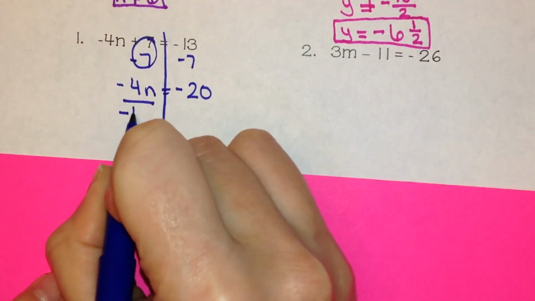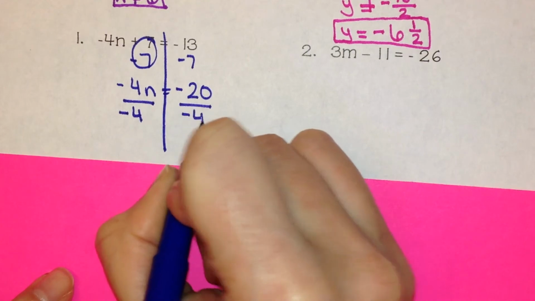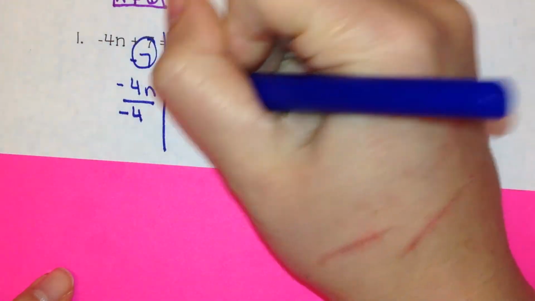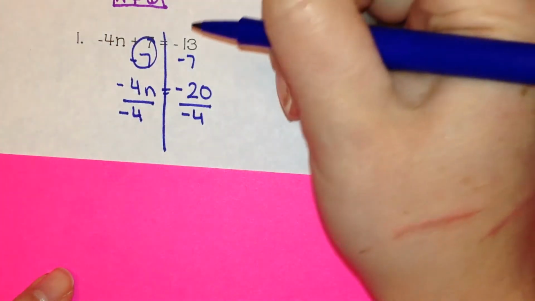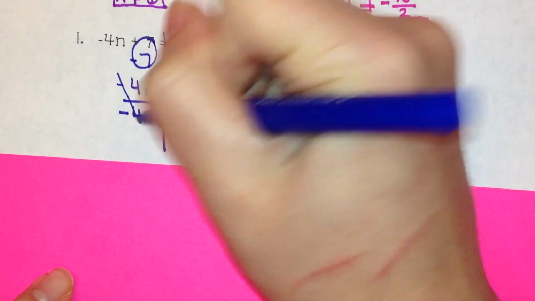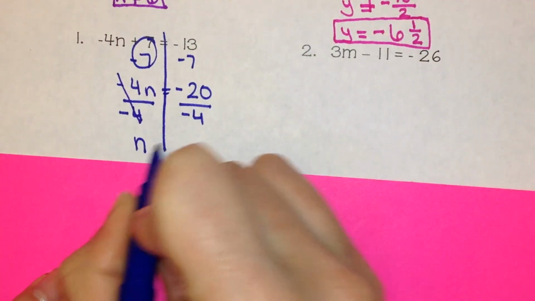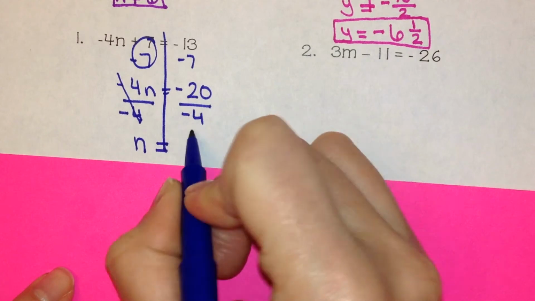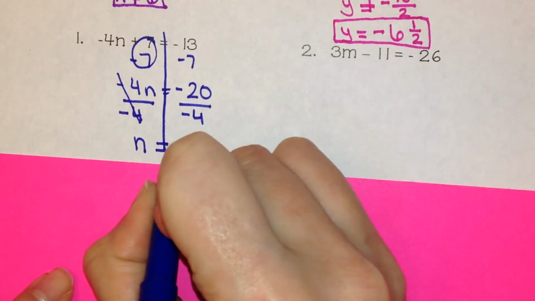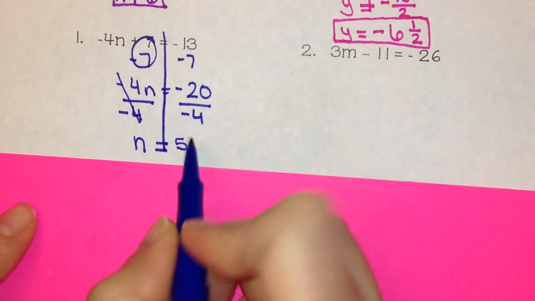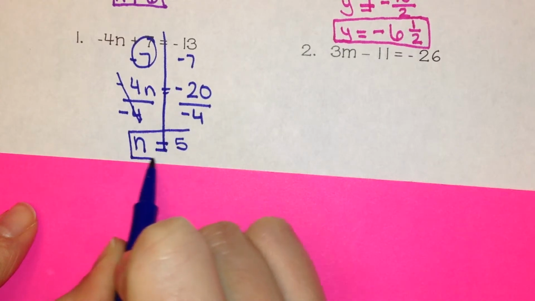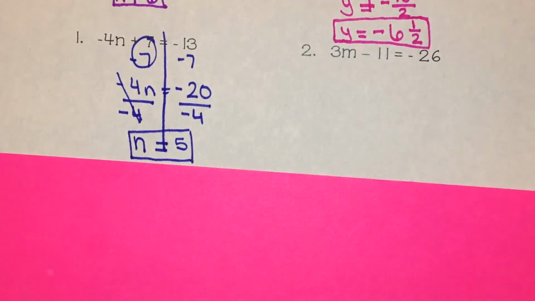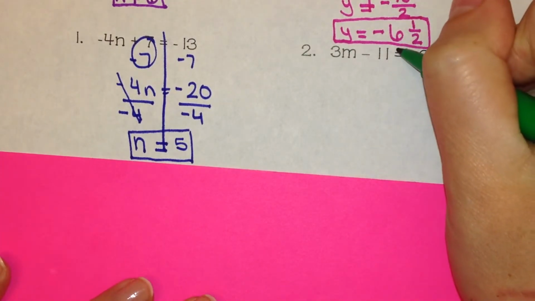Opposite operation, divide both sides by negative 4. Don't forget that negative. I need my variable to be positive, so negative 4 divided by negative 4 is positive 1. So I have 1n, or just n, equals negative 20 divided by negative 4 is positive 5. And I can plug it back in to check my work. Hopefully you did that when you're solving though.